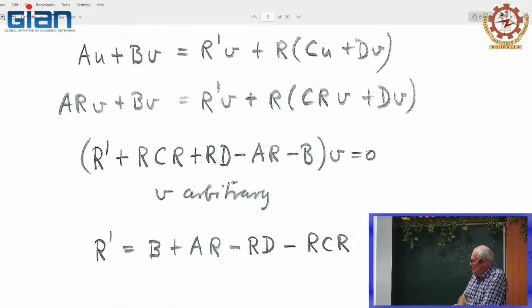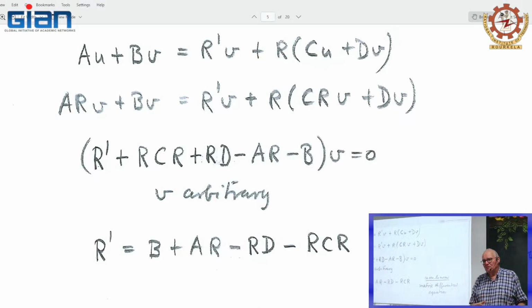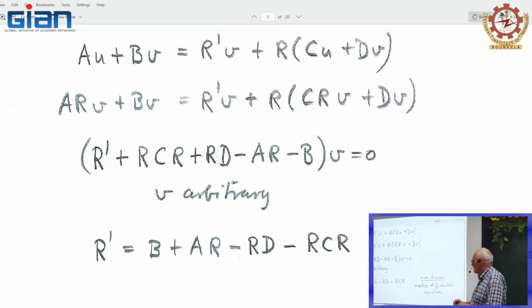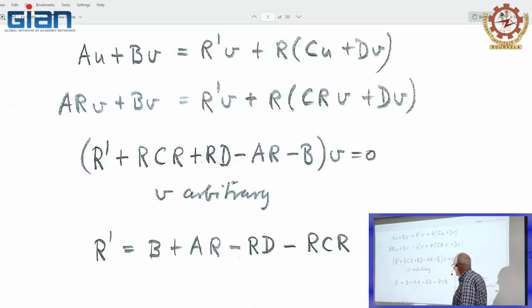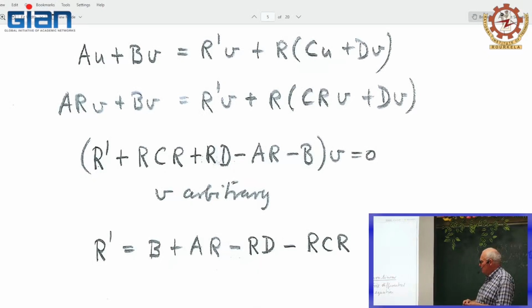So we express it in the following way. Matrix differential equation means for each matrix element we have a differential equation. That means R satisfies a differential equation.